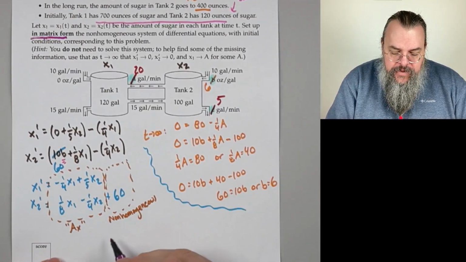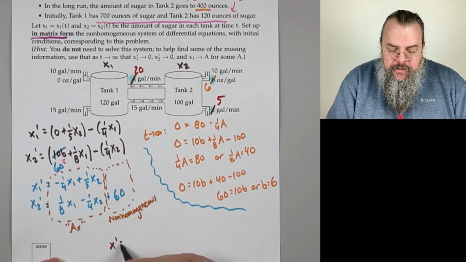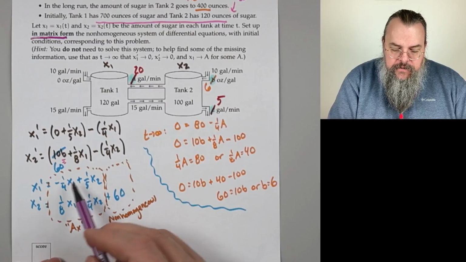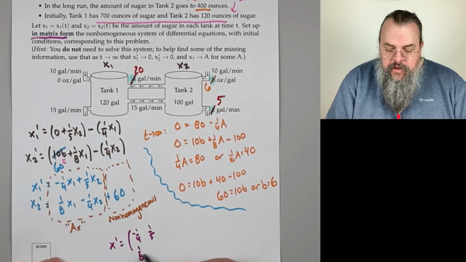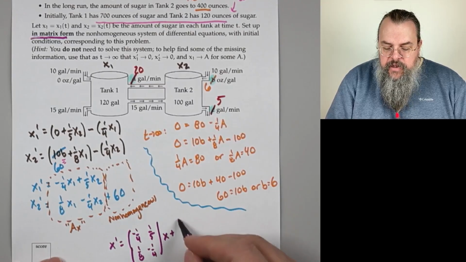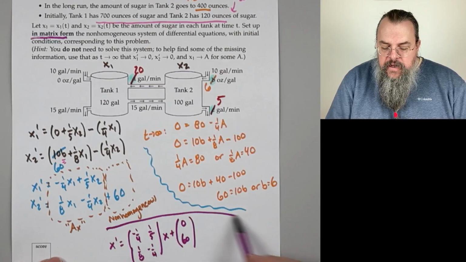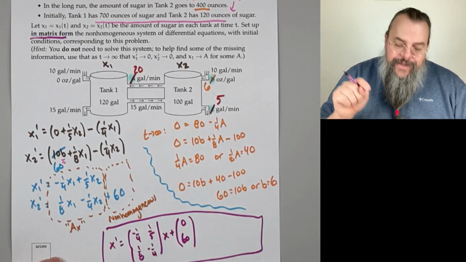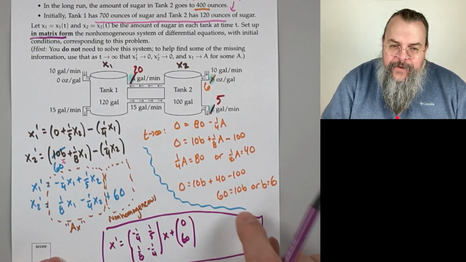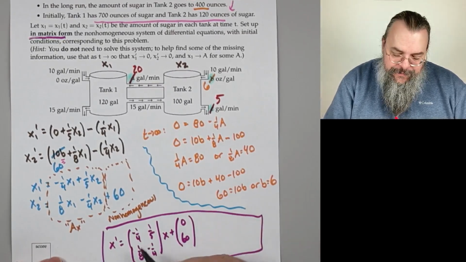Here we go. x prime equals, getting our coefficients, minus 1/4, 1/5, 1/8, minus 1/4, times x, plus 0, 60. All right, is this our answer? Why not? Other than the fact that there's a suspicious amount of space here.